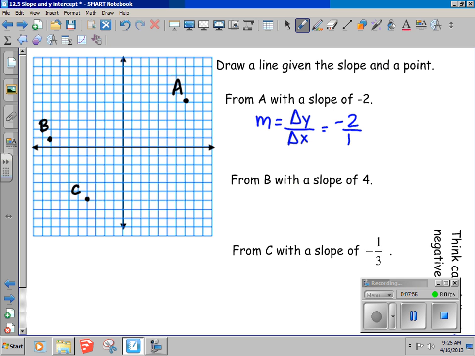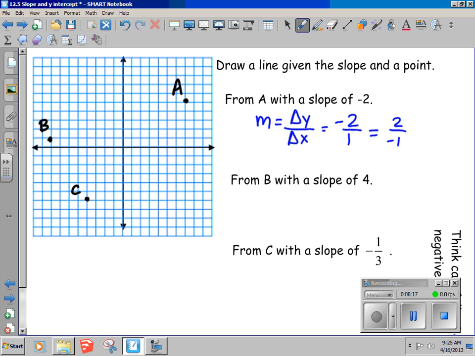All right. So from A, we need to change with a slope of -2 to get other points on the line. You can interpret this a couple different ways. Either way is okay.